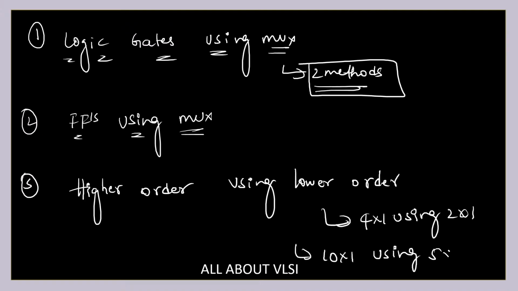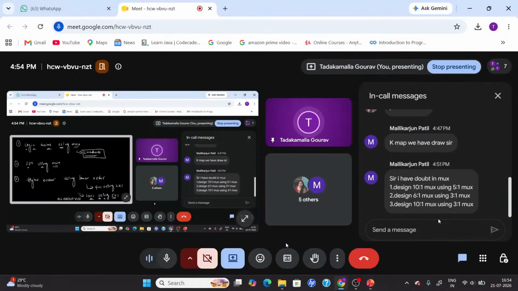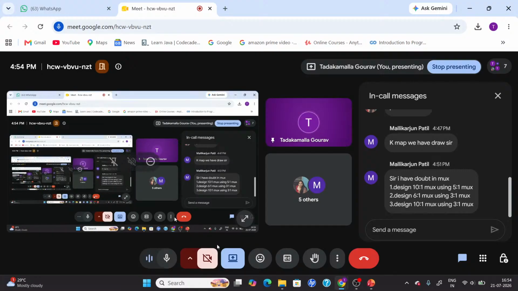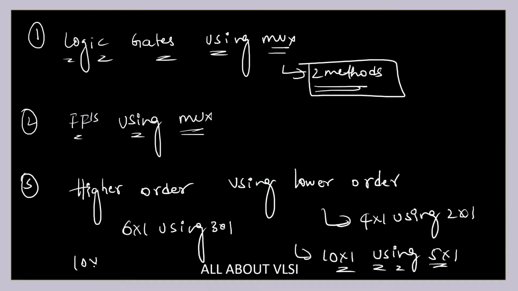All the possible combinations we will try to discuss. If you have any queries like 6 cross 1 using 3 cross 1, or 10 cross 1 using 3 cross 1, these concepts we are going to look into. So these are the different kinds of questions we are going to look into.